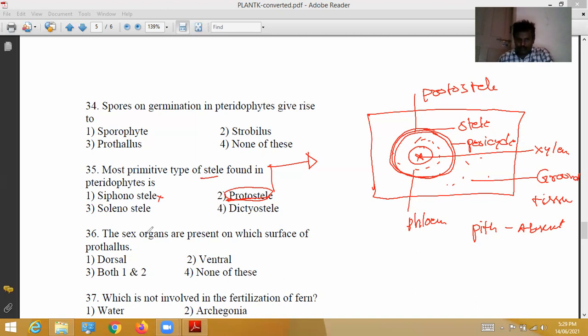So among those four options, protostele will be found in pteridophytes only. Cyclostele, solenostele and dictyostele are found in other plants, so we need not get any confusion. In pteridophytes we find only protostele, the primitive type. So the correct option is the second option.